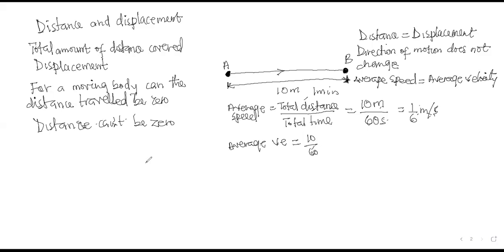However, if I am creating a different scenario, Giovanni starts a journey from A, travels 10 meters, goes to B and returned. So this is his initial movement. Then returned. If you return, it means you are coming back to your starting point.